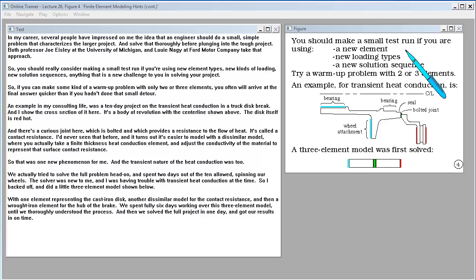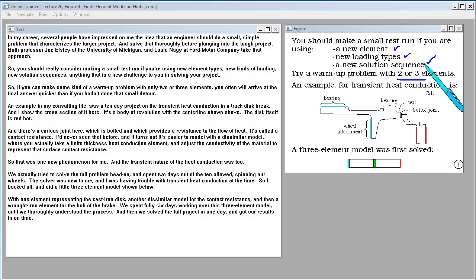So you should really consider making a small test run if you're using new element types, new kinds of loading, new solution sequences, anything that is a new challenge to you in solving your project. So if you can make some kind of a warm-up problem with only 2 or 3 elements, you often will arrive at the final answer quicker than if you hadn't done that small detour.